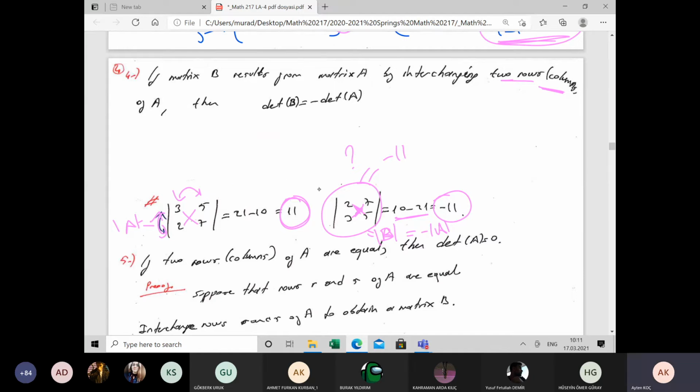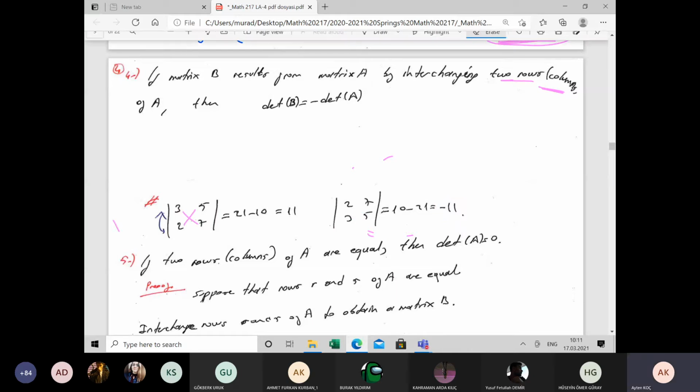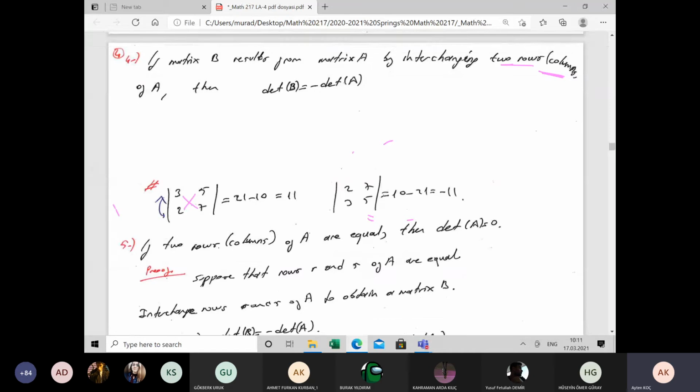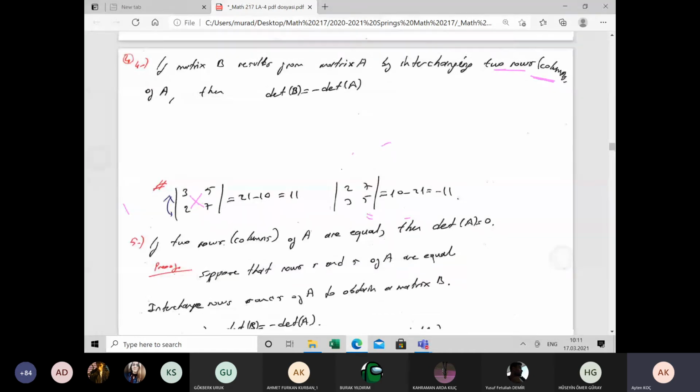So the next one: if our matrix contains the same row and column entries, and the two rows or columns are equal.